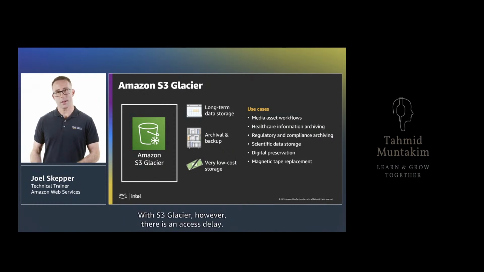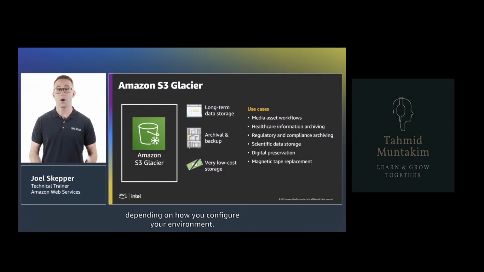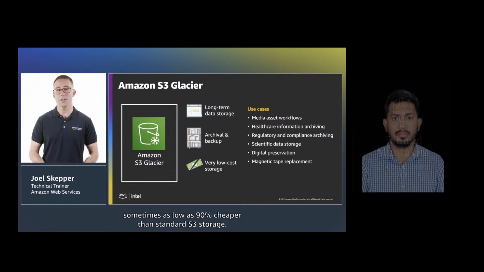With S3 Glacier, however, there is an access delay. This can be between minutes to hours, depending on how you configure your environment. However, with that access delay comes a drastic reduction in storage cost, sometimes as low as 90% cheaper than standard S3 storage. With S3 Glacier, the focus is on long-term archival storage.